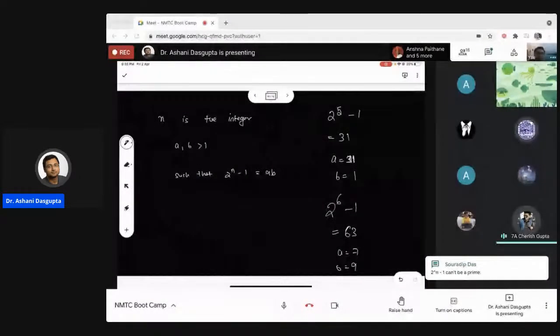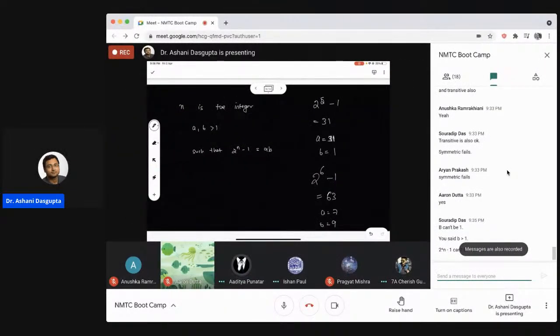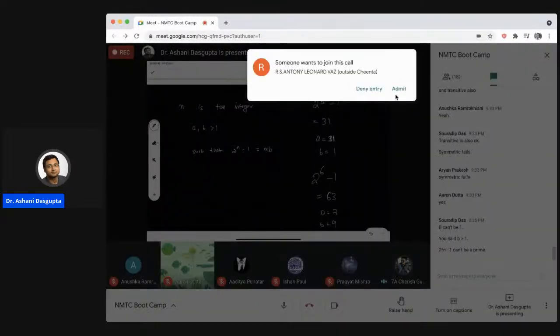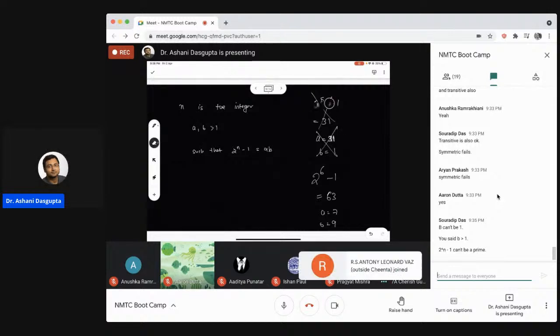Sir, it can't be 1, because a and b are given as greater than 1. Oh, then the first example fails, but the second example holds, I guess, right?